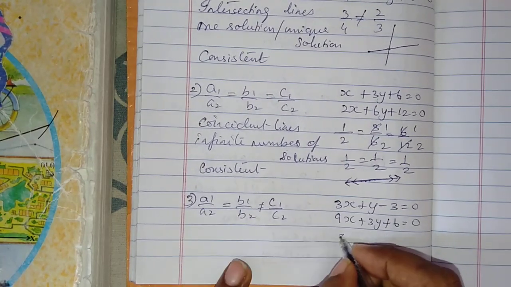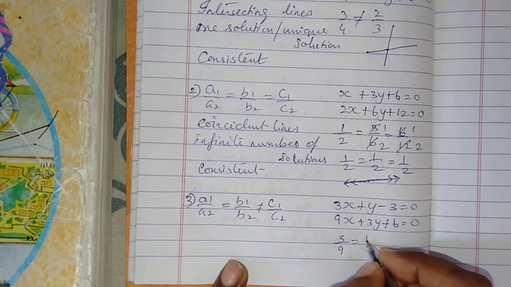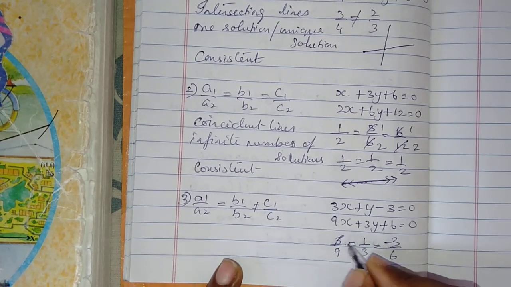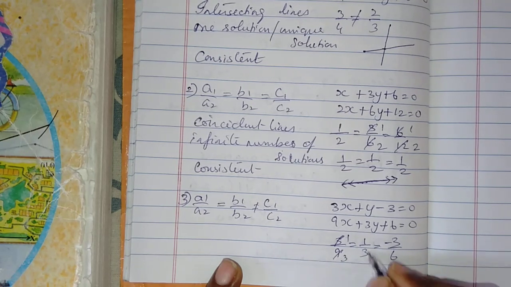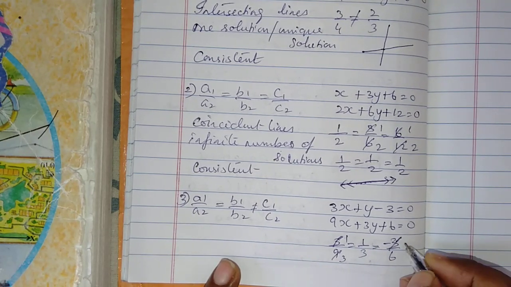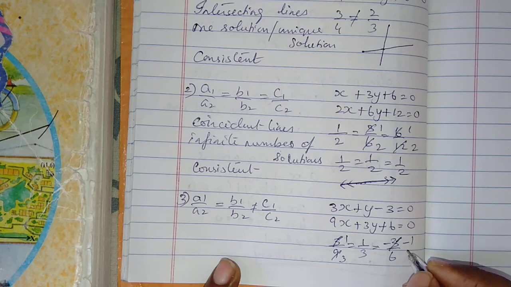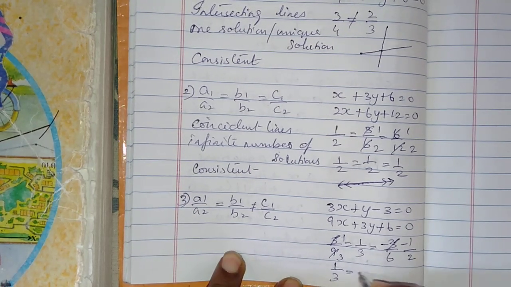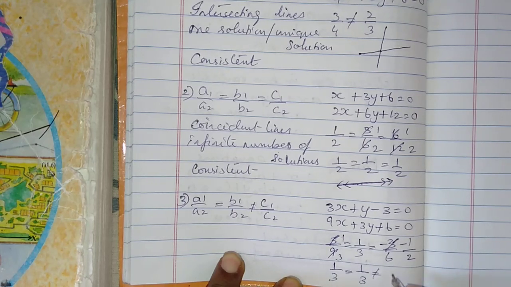Here 3 by 9 is equal to 1 by 3 is equal to minus 3 by 6. So this is 1 by 3 is equal to 1 by 3 is not equal to minus 1 by 2.